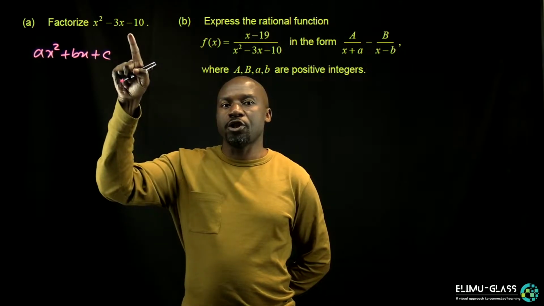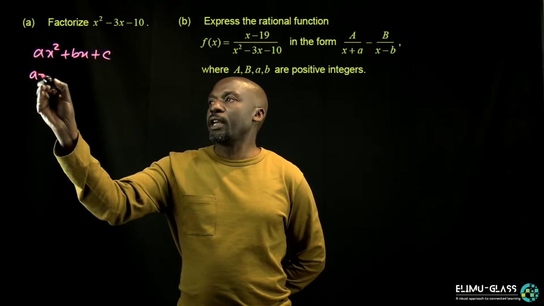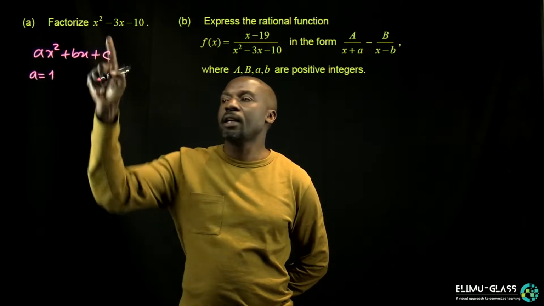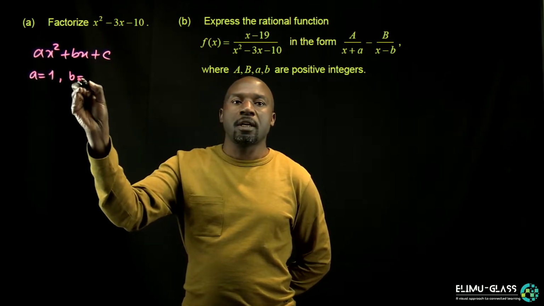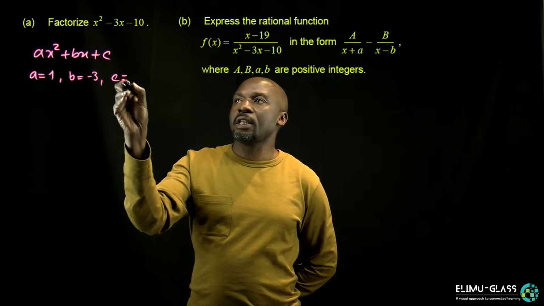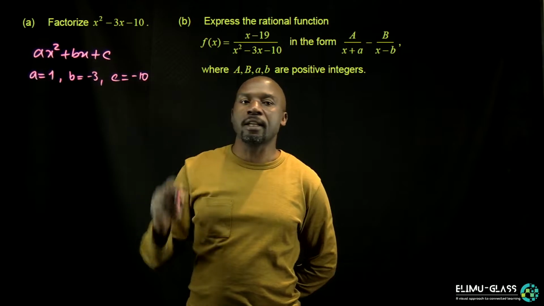In our expression, the value of a is 1 because there is only one x squared. The value of b is -3, and the value of c is -10.